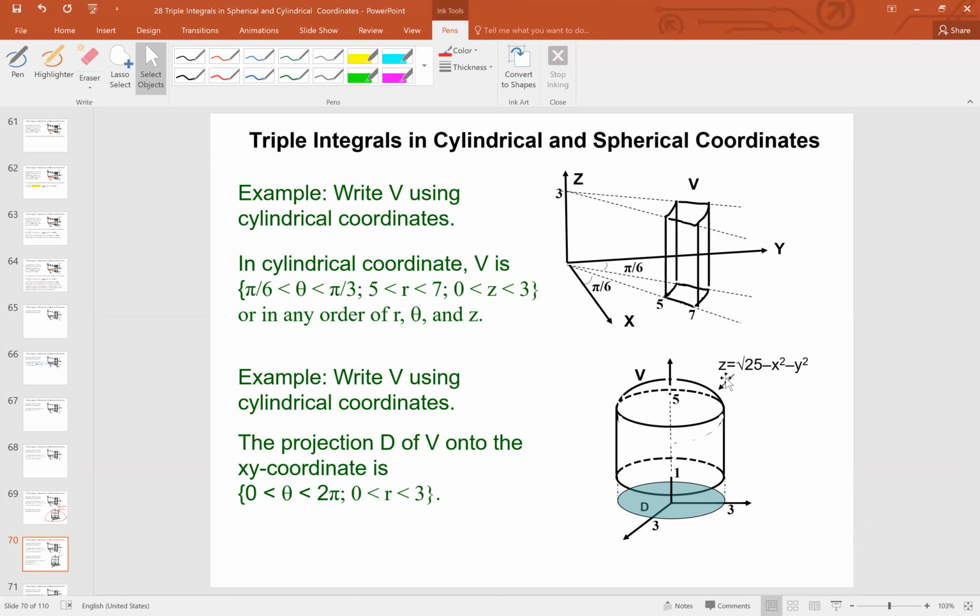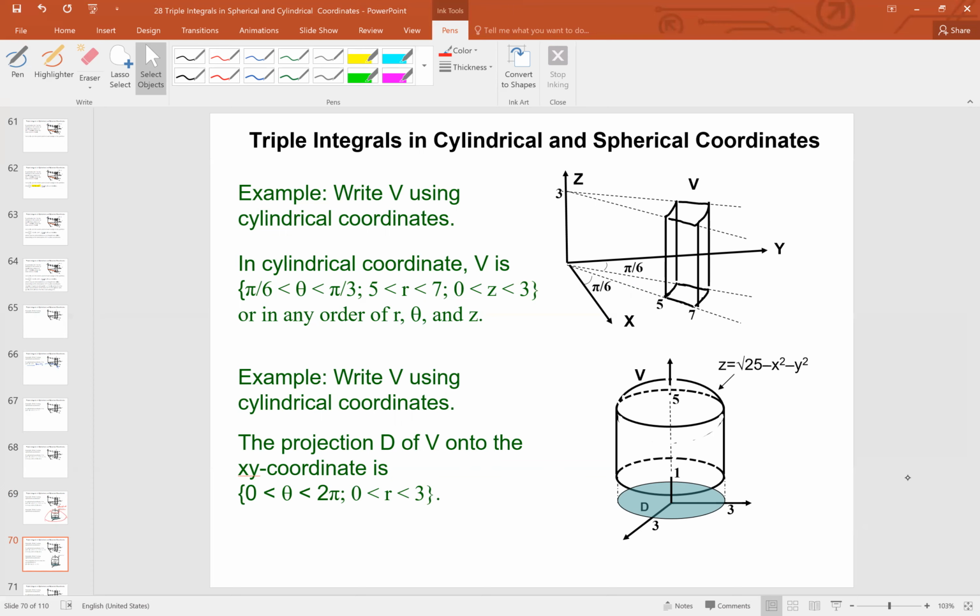So the circular base in polar is given by the angle theta from 0 to 2 pi, the radius from 0 to 3, and that you tack along the z. The circular base is floating at z equal to 1.